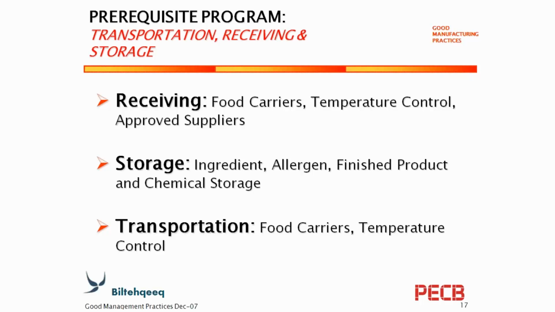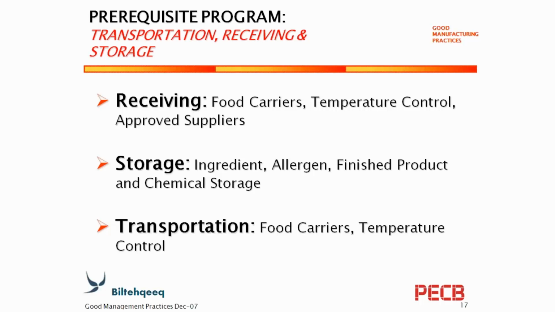Receiving is also very important, because if you are not taking care at the receiving, there may be some contaminated material which can come into your supply in your processing system, and it can damage your food quality.